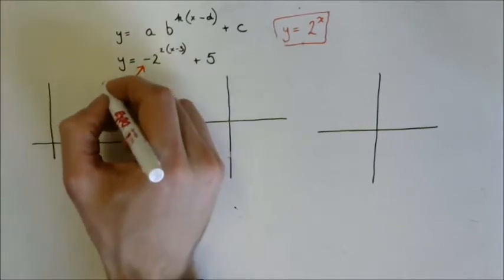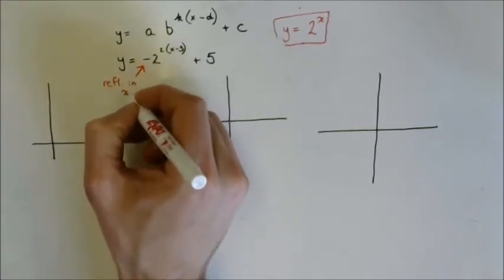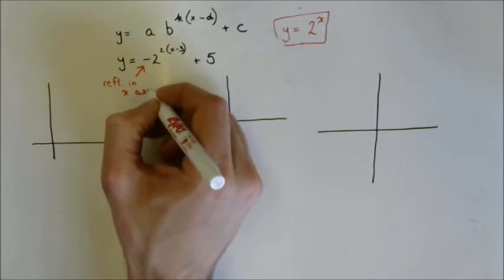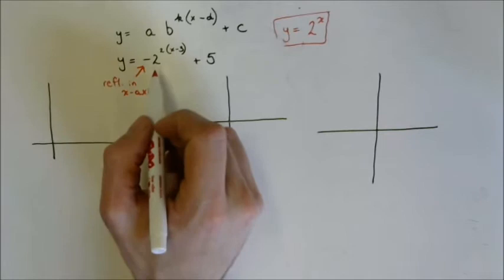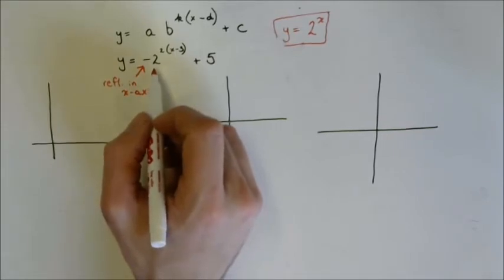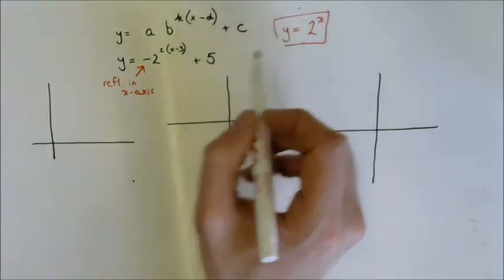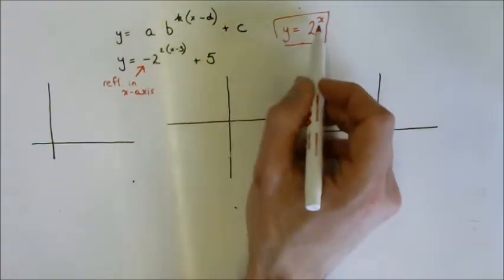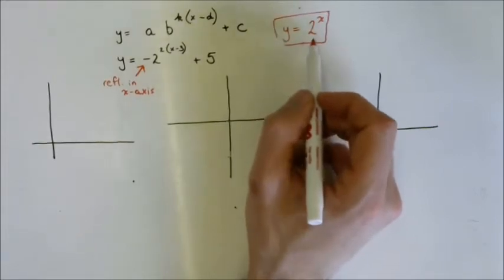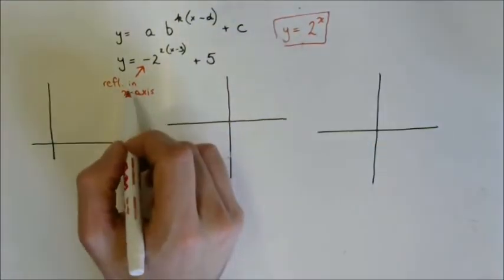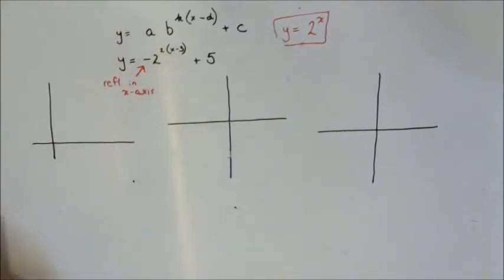It's a reflection in the x-axis. And I don't need to worry about the 2 because I've identified that my parent function is 2 to the power of x. So the 2 is not different from 2 to the power of x. So on my first graph, we're going to graph 2 to the power of x, and then we're going to do a couple of transformations to it.